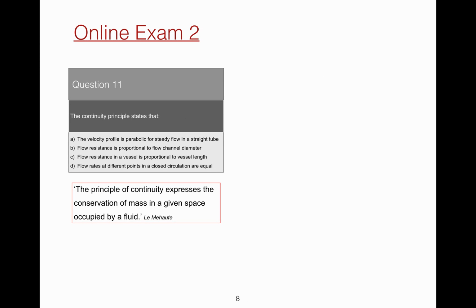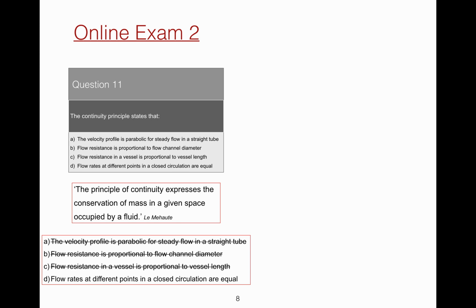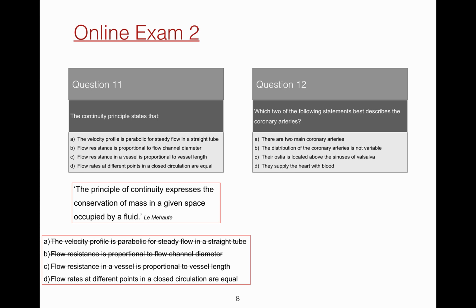Question 11 is related to the continuity principle. The principle of continuity expresses the conservation of mass in a given space occupied by a fluid. Therefore, the flow rates at different points in a closed circulation are equal.